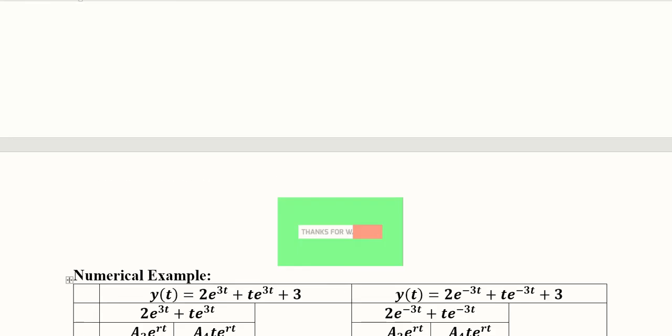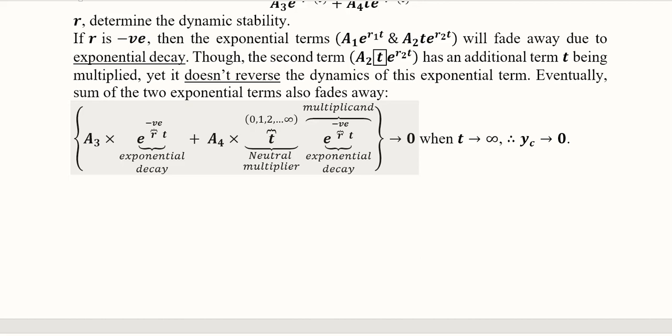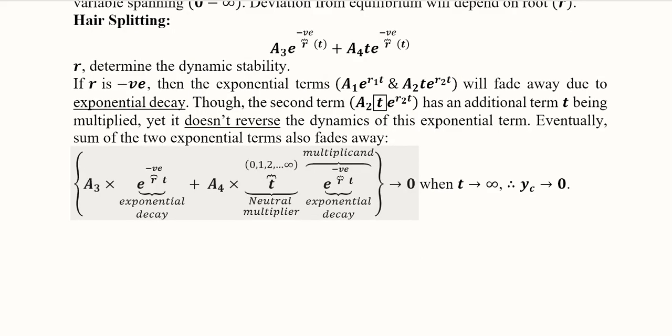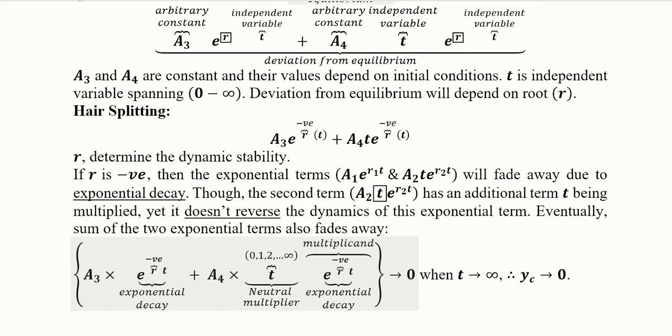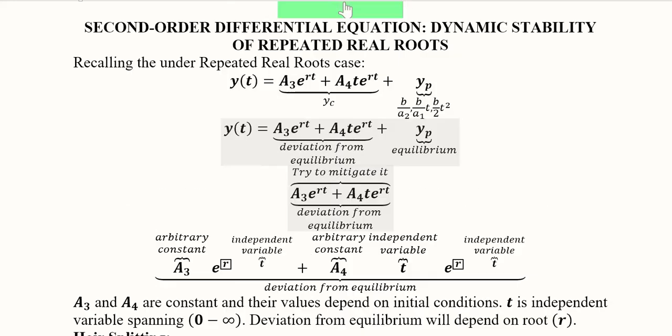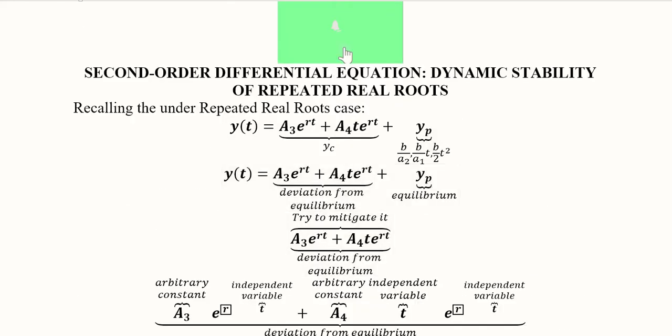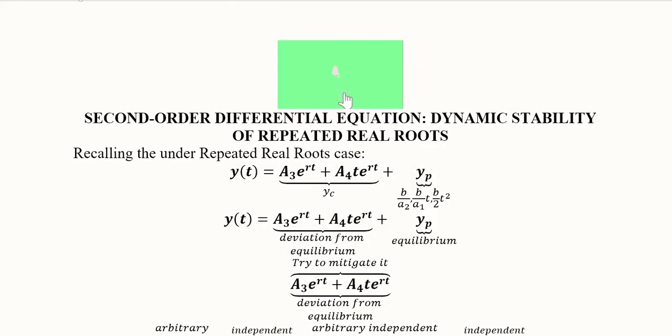You can see this is the numerical testimony, and this is the decomposition of the deviation part, and that expression is explained. This was the overall solution, and this is what we wanted to do, that is the analysis of the dynamic stability of the repeated real roots case.